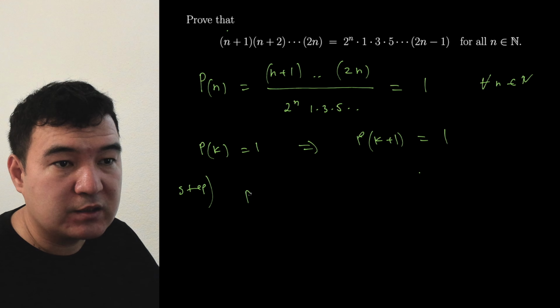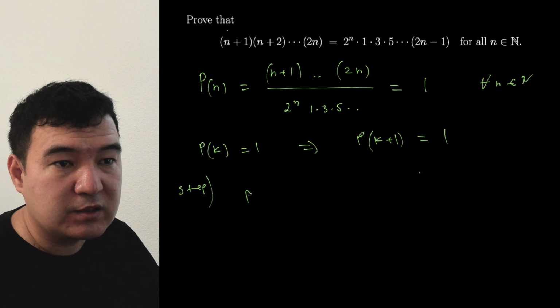Let's say the product Pn is equal to the product of all numbers from n plus 1 to 2n, over 2 to the power n and the product of all odd numbers. And then we want to prove that this Pn is equal to 1 for all n natural numbers.